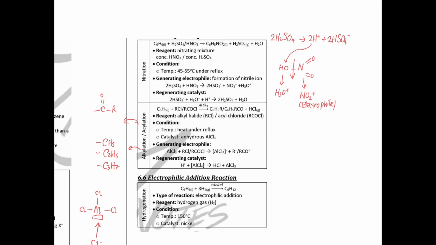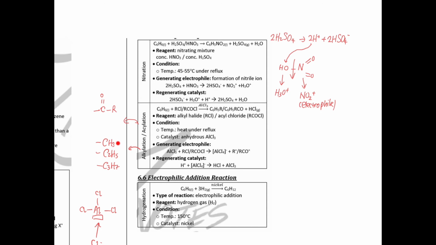So now let's see the situation or the reagent here. So you can use alkyl halide to go through alkylation. Okay, so for example, the reagent can be CH3Cl.